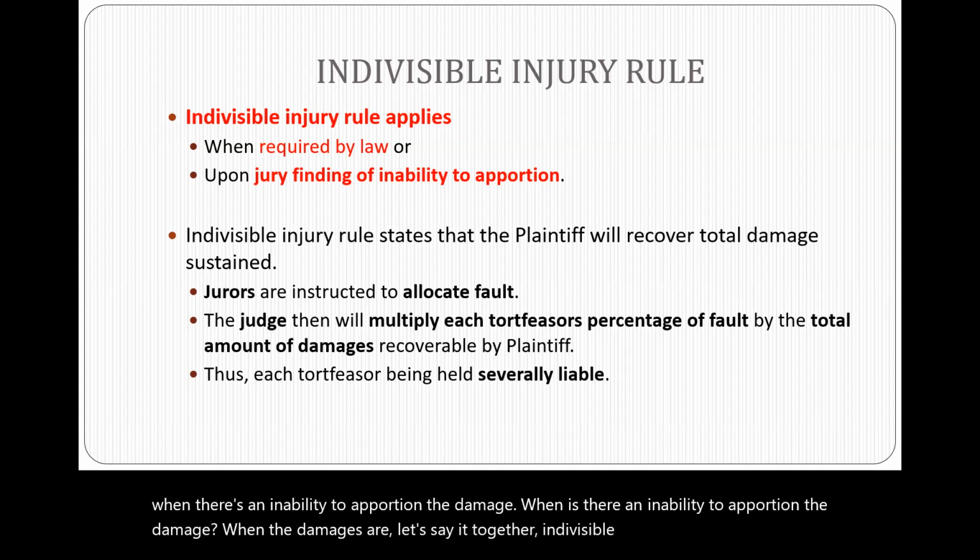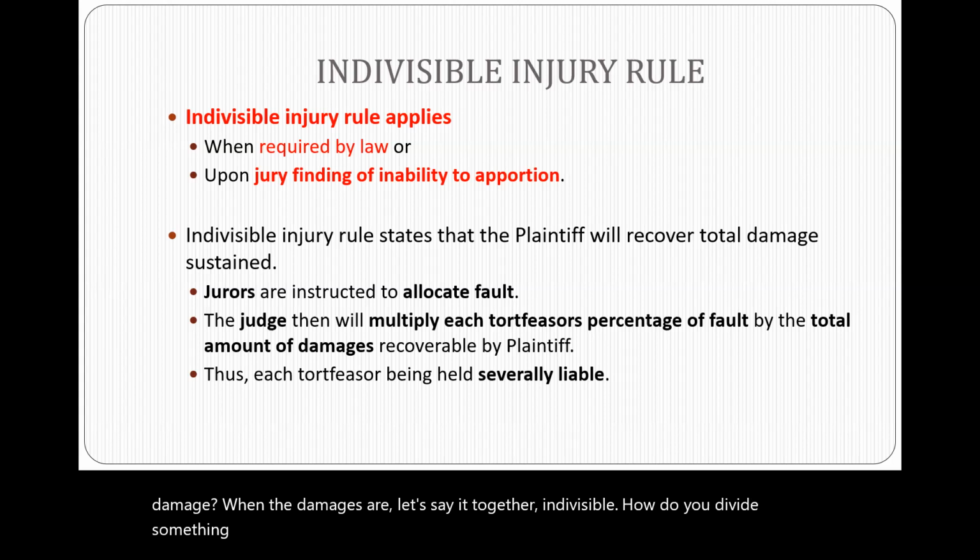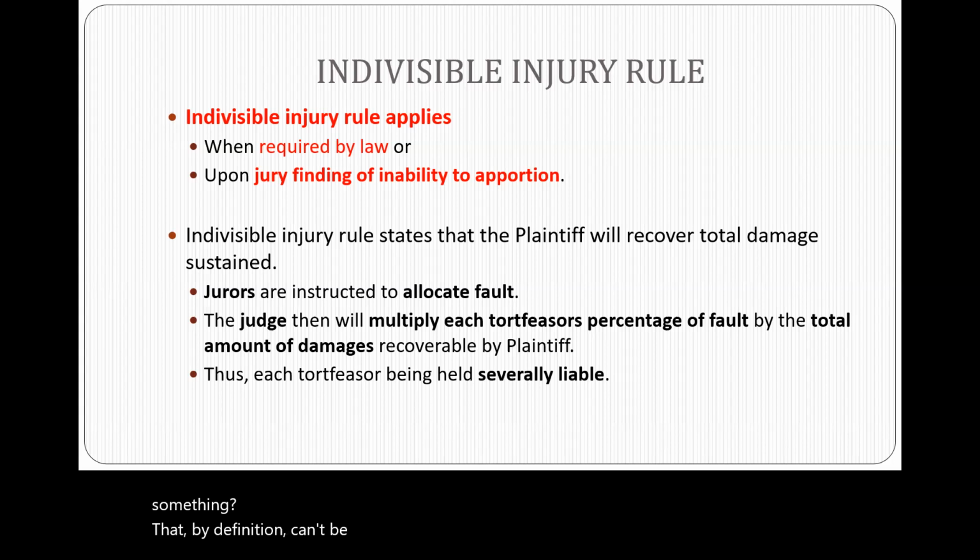How do you divide something that by definition can't be divided? This is what you do. If the fact finder is a jury, the jury is to be directed, guided, instructed in the jury instructions to allocate fault.